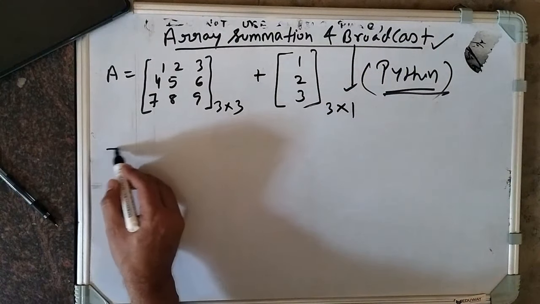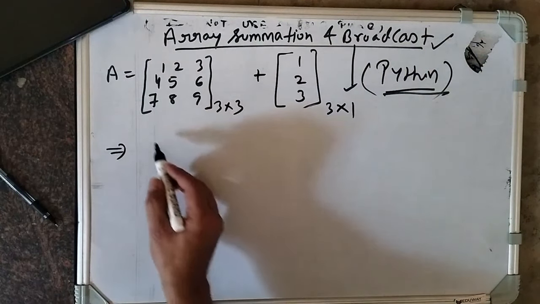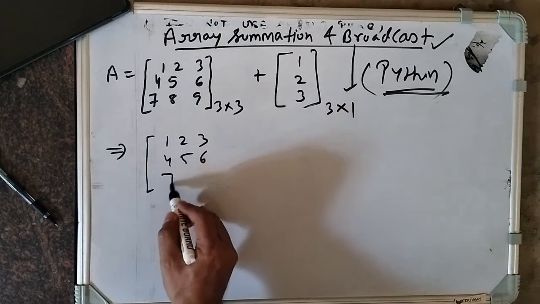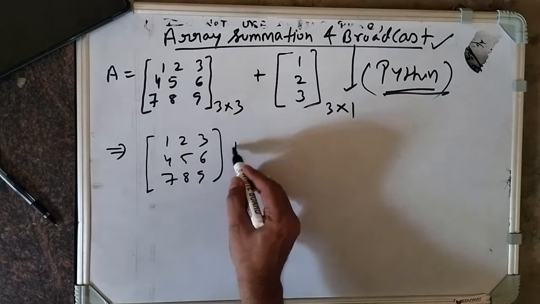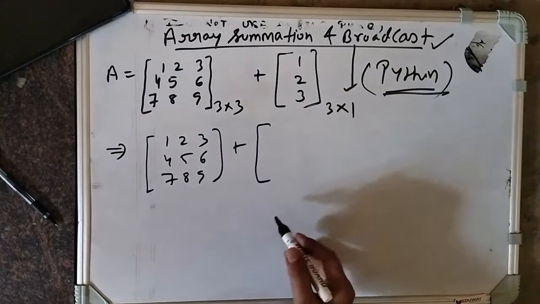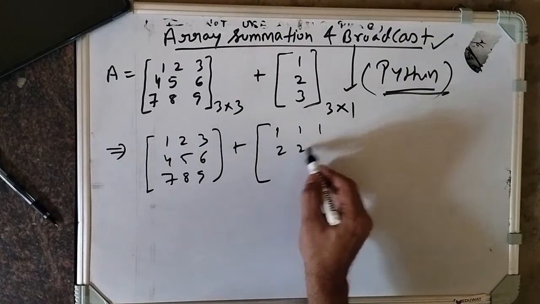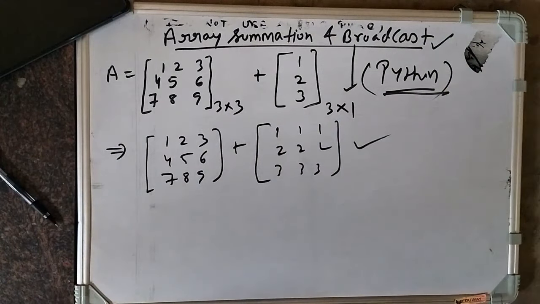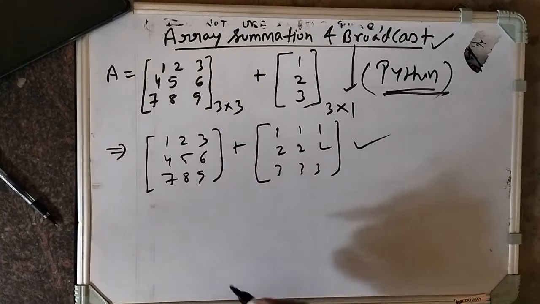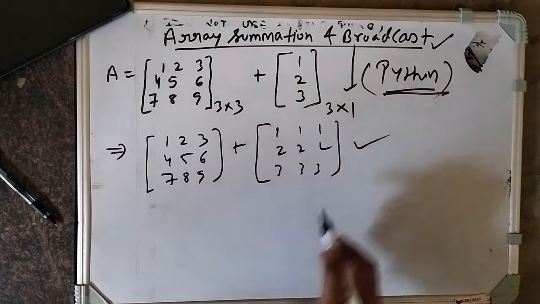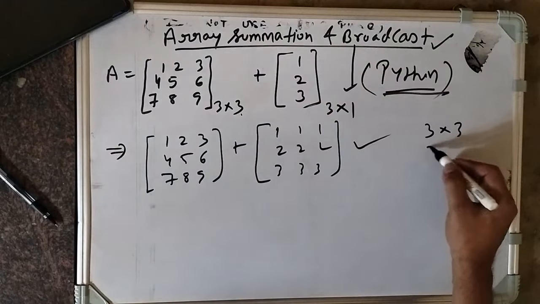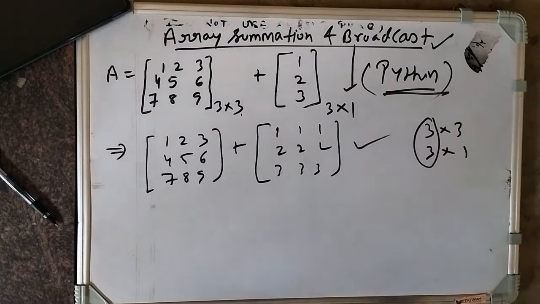What Python is doing is taking 1 2 3 4 5 6 7 8 9, and then it repeats this one: 1 1 1, 2 2 2, 3 3 3. Now you add, you will get the answer. So this is broadcastable. Why? Because these two are same, 3 into 3 and 3 into 1.